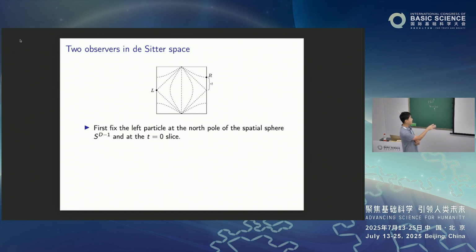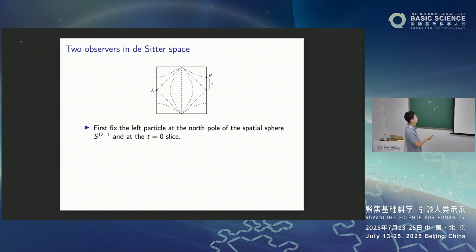To look at its coinvariant Hilbert space, you can just find a representative in each equivalence class. In particular, we fix the gauge in the following way. First, you can fix the left observer at the north pole of the spatial sphere at t equal to 0. You can always do that using the de Sitter isometry.